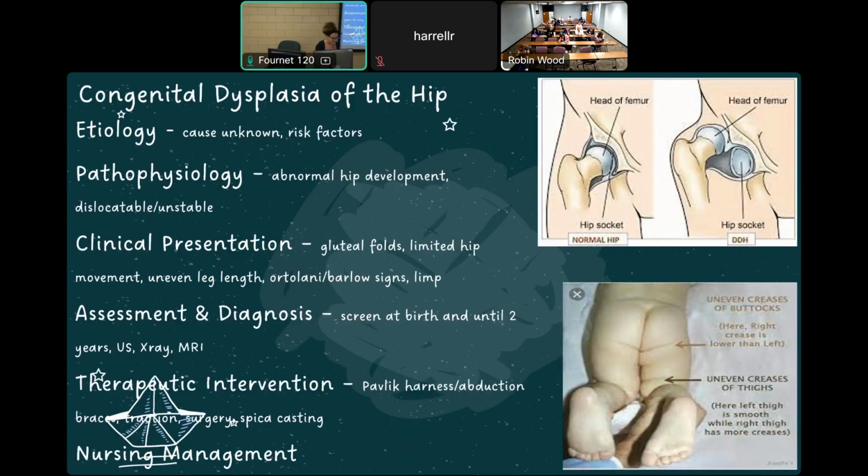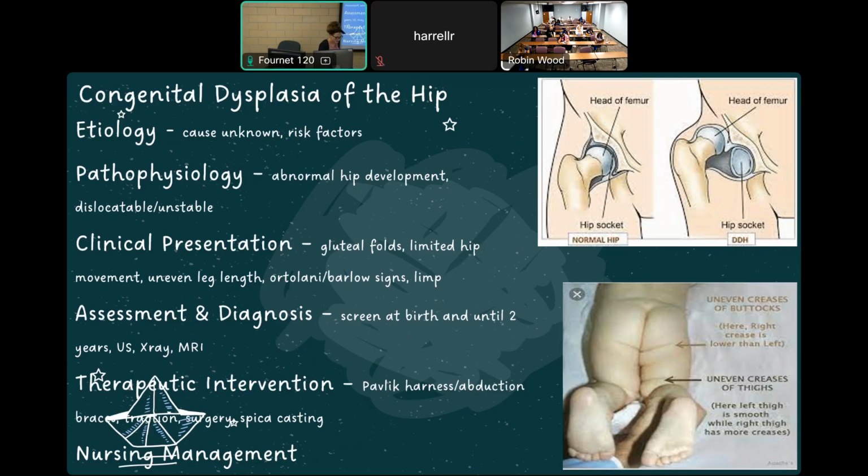Female, family history, firstborn babies, those that are breech, vaginal deliveries, again with the low levels of amniotic fluid. And then patients with other neuromuscular conditions like cerebral palsy, things like that.